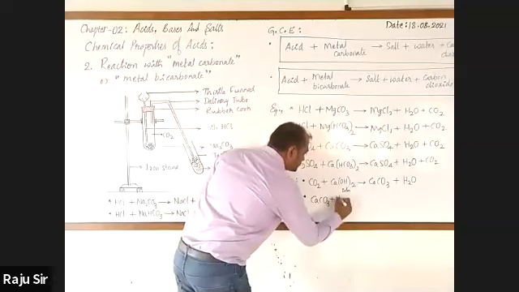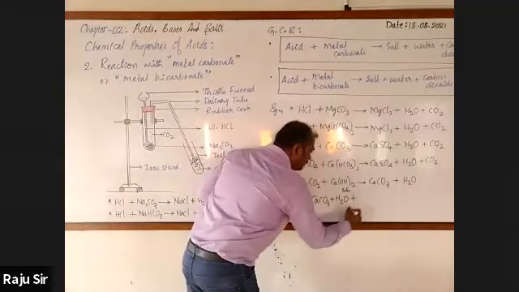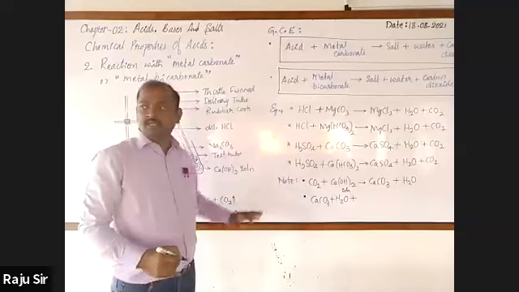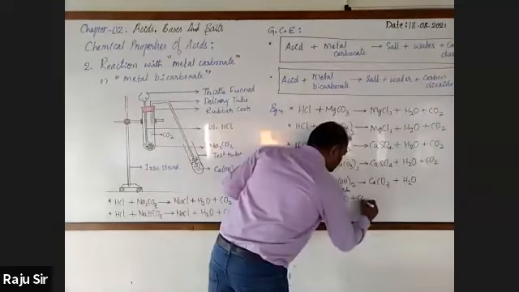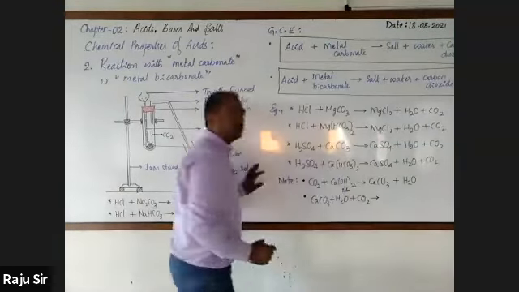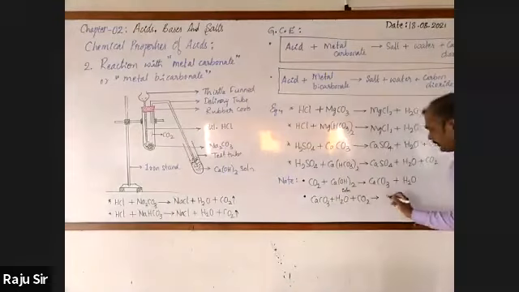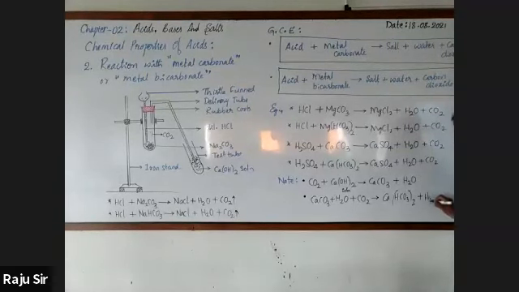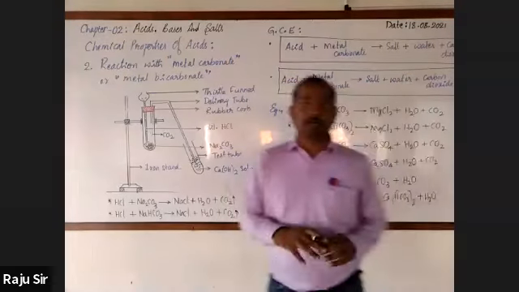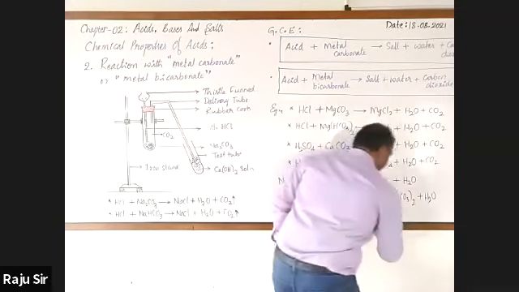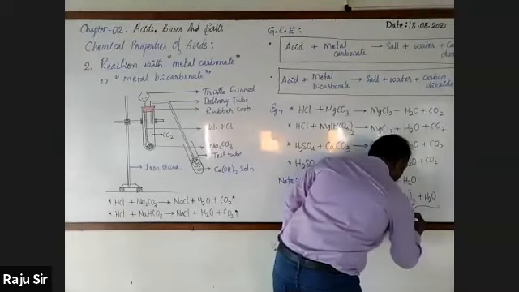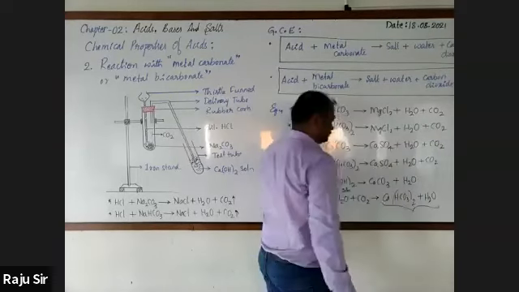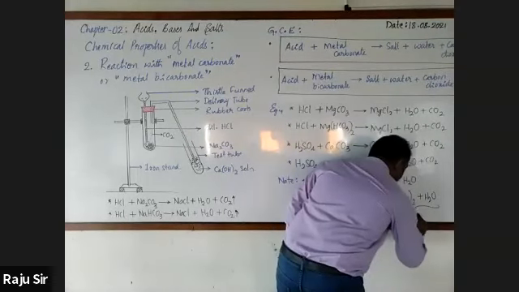CaCO3 plus H2O is already formed, but we are passing carbon dioxide continuously. Then we will get Ca(HCO3)2 plus H2O, in aqueous form. Clear solution you will get.